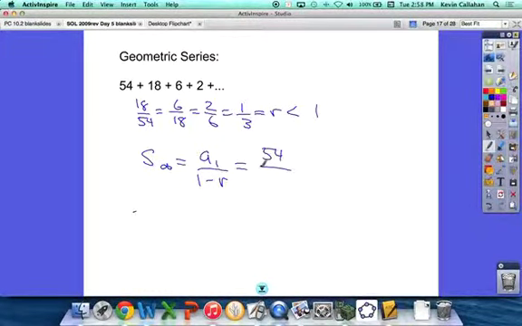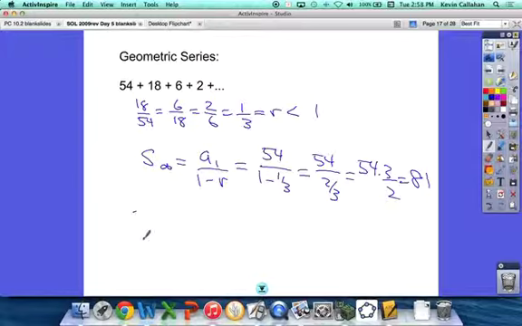R is 1/3. So it's 54 divided by 2/3, which is 54 times 3/2. Flip and multiply, which is 81. 2 goes into 54, 27. 27 times 3 is 81.